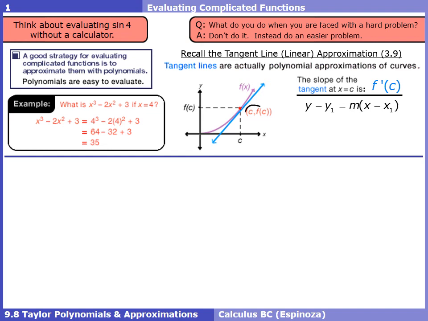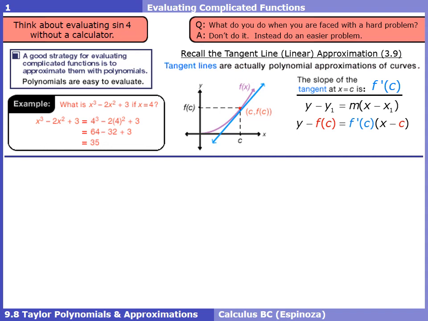So we can take our point c comma f of c, and we can take our slope here and plug it into our point slope form. Of course, that looks way more complicated than we ever really saw it back in 3.9, because we actually had numbers here, here, and here. But ultimately, I'm trying to generalize this so you can see where we're trying to go in this new Chapter 9 now.